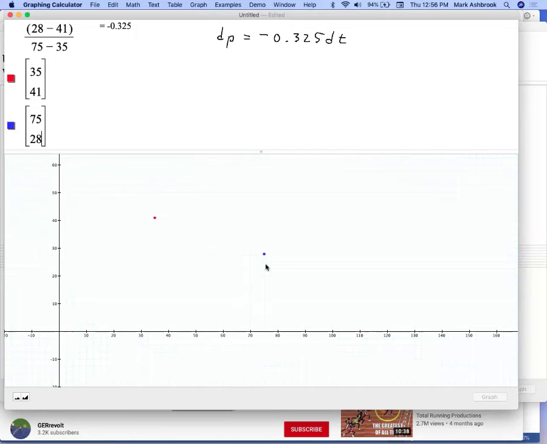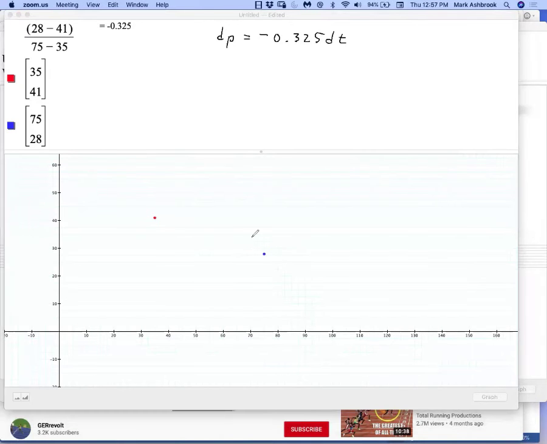Okay, so what I want to do is show graphically a variation in time. This is now question 3. I'm going to show a variation in time starting from 35 minutes and ending at 75 minutes.